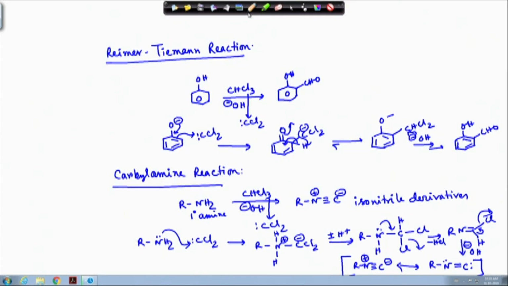In case of the Reimer-Tiemann reaction, we have used this phenol which has been converted into salicylaldehyde in presence of chloroform and sodium hydroxide or potassium hydroxide, whereas in case of the carbylamine reaction we have started with 1 degree amine that will convert into its isonitrile derivatives, and that is also going via this dichlorocarbene species. So, with this I am finishing the various reactions of carbene. Thank you.